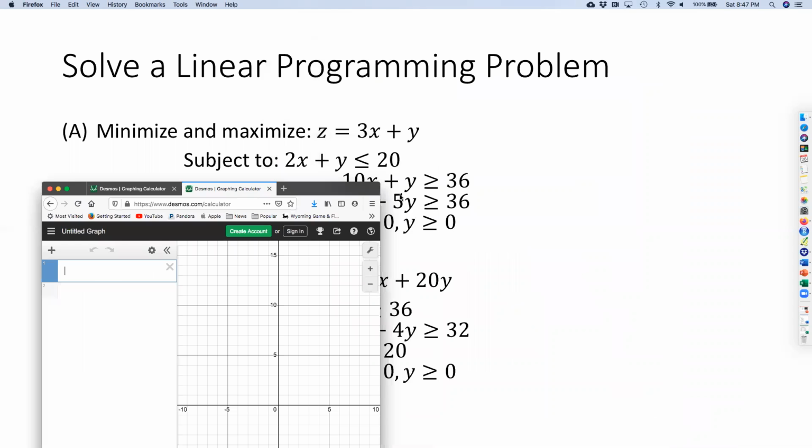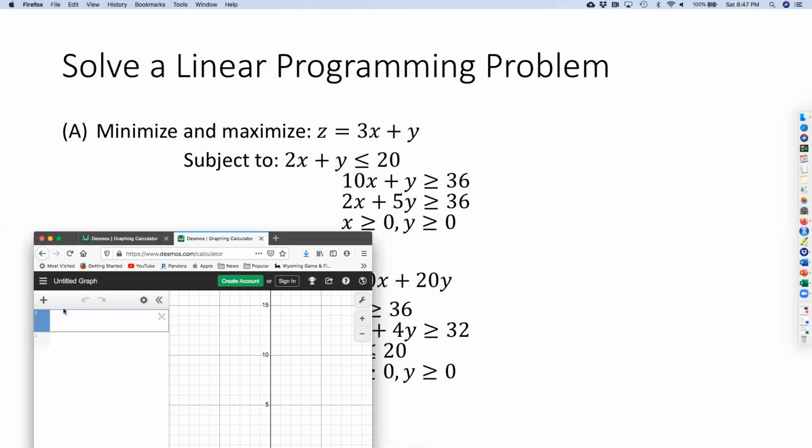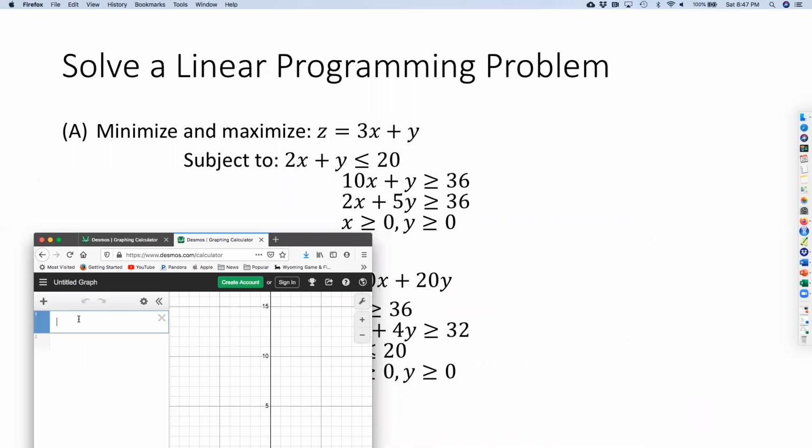So here's what I'm gonna make this down here, and then I'll put it back up there. So let's put in that profit maximizing function. So z can be any value we want. Let's just put in our constraints first. So we have 2x plus y is less than or equal to 20.